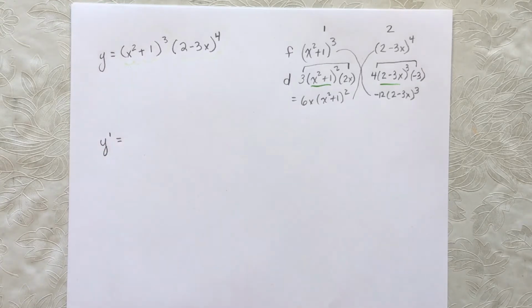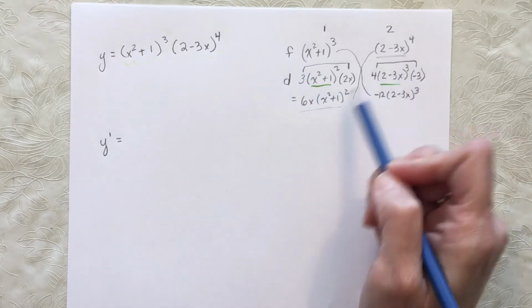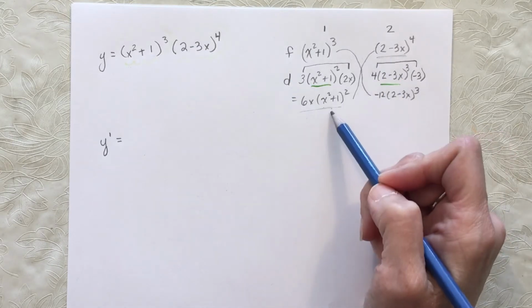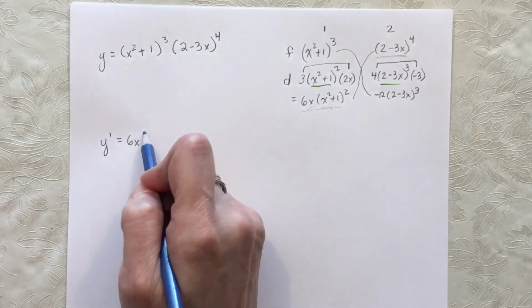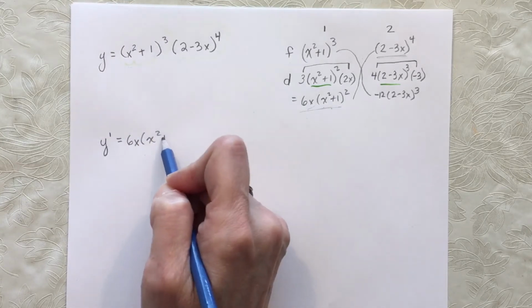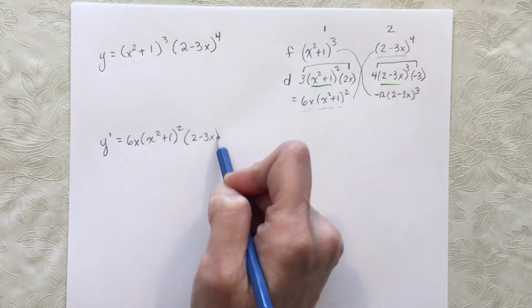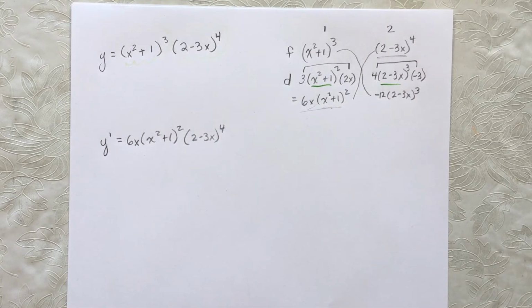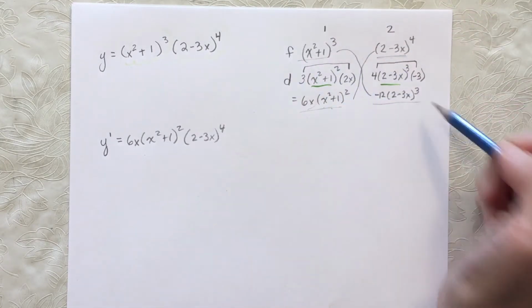This is the calculus part. Derivative of the first, which is right here, times the second. And when I multiply those two together, I want to put any monomial terms out front. So I've got my 6x, and then any of my binomial power functions in this case. And then the product rule says it's plus the first times the derivative of the second.